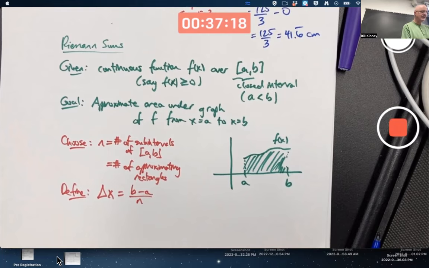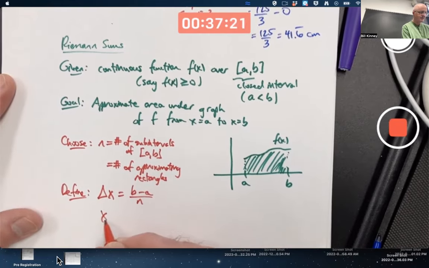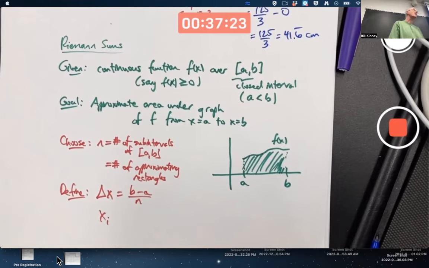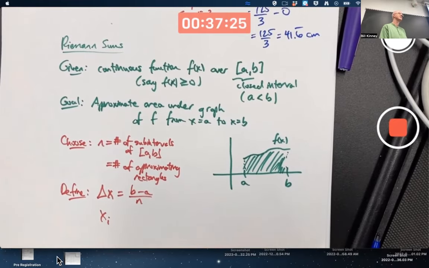You also define some numbers called x sub i. These numbers have different names. Some people call them partition points. The word partition means you're breaking up the interval into a bunch of pieces, you're partitioning it.